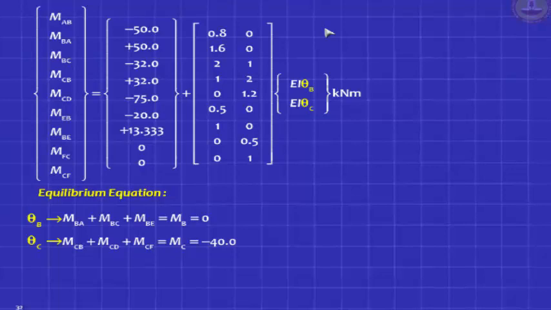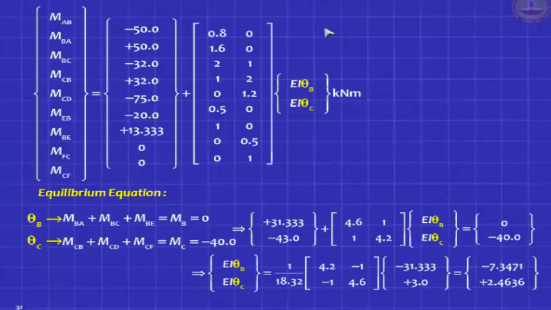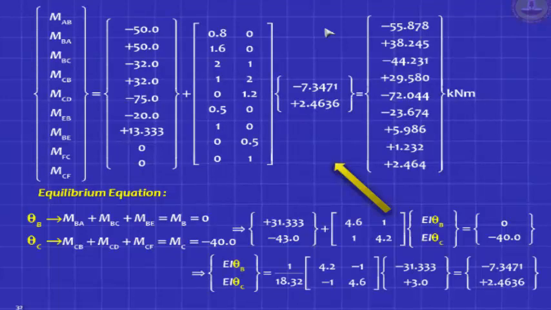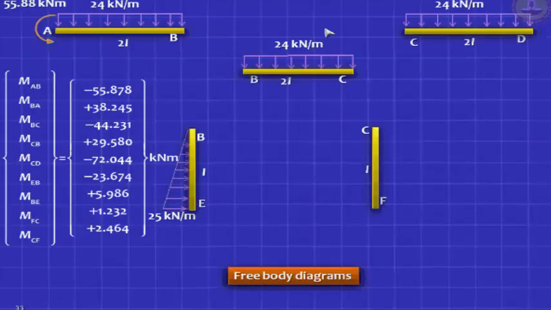Be careful. You've got two equations, solve them simultaneously, find out theta B and theta C, plug in those values, you got your answer. So even a problem apparently so complicated as this is actually very easy to solve. And once you have the free bodies, you can draw the free bodies. I won't get into this. You can do this problem.